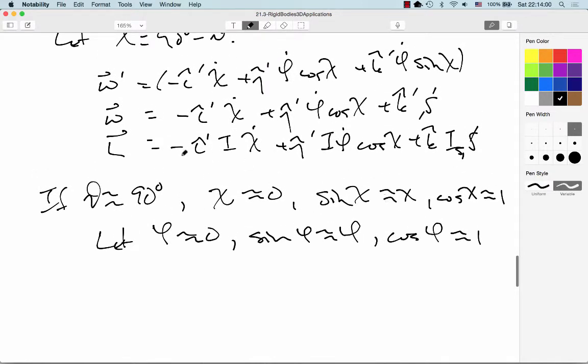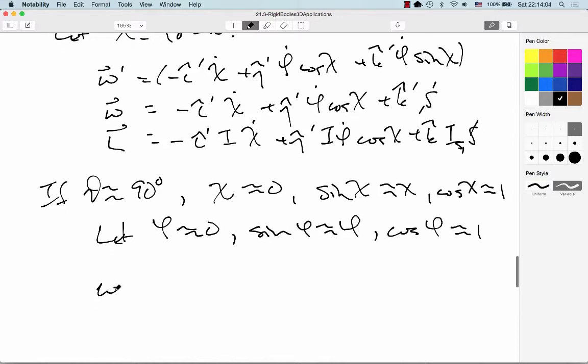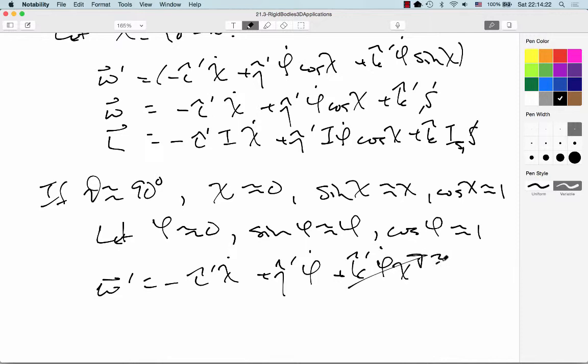All right, so putting into everything that we got up there, that now gives us omega prime is minus i prime chi dot plus j prime phi dot plus k prime phi dot chi, which will be approximately 0 because chi is approximately 0.